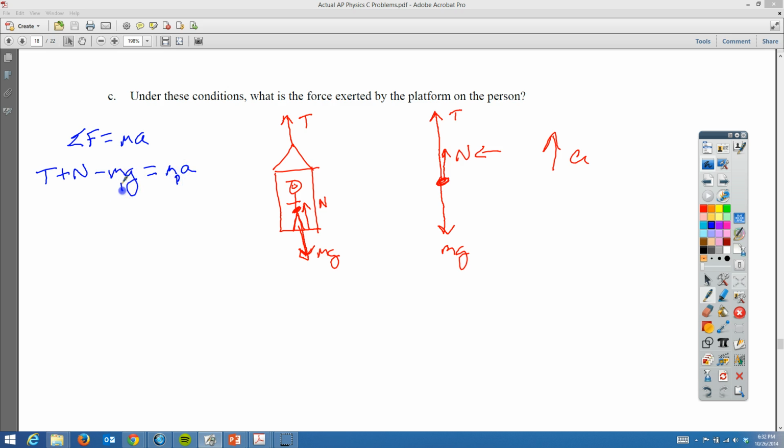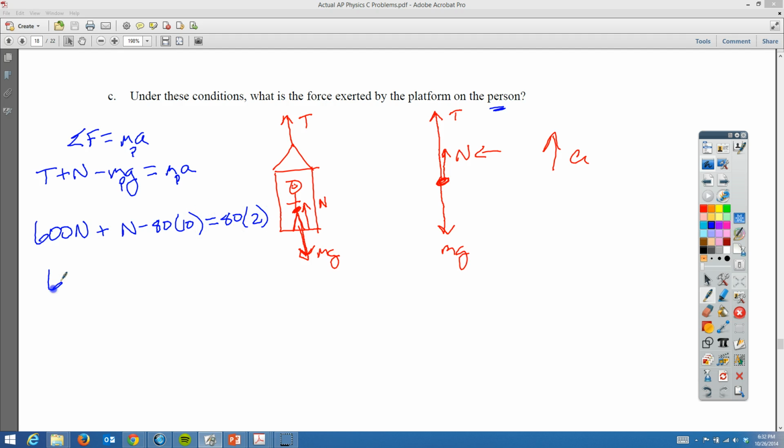So we're going to put mp here because we're really just looking for the person and not the whole system itself. We know from earlier that the tension when it was accelerating was 600 newtons. We don't know what the normal force was, but we do know the mass of the person. That's 80 times 10, and that's equal to 80 times 2.